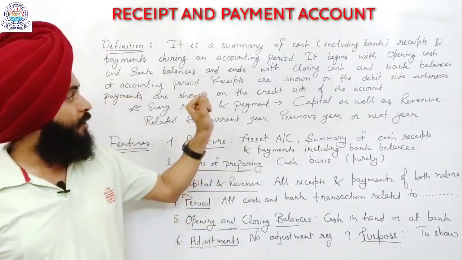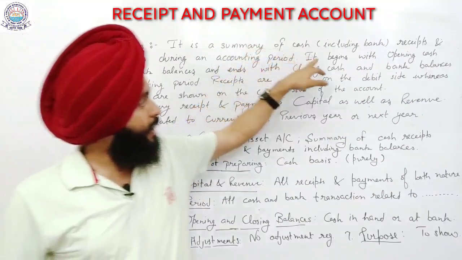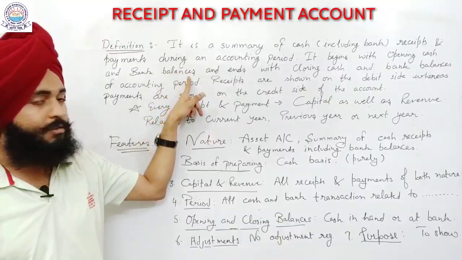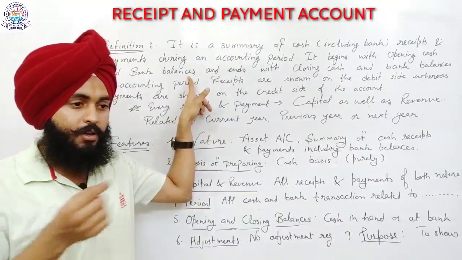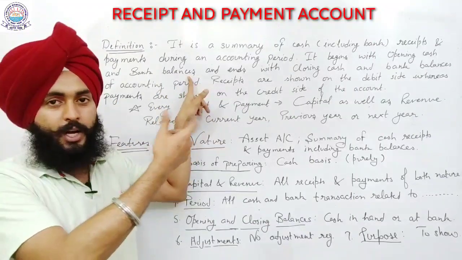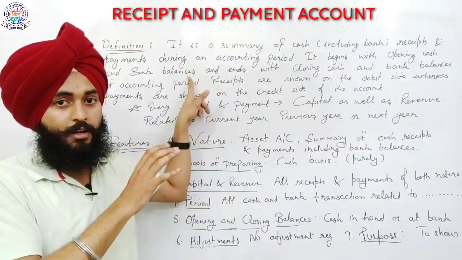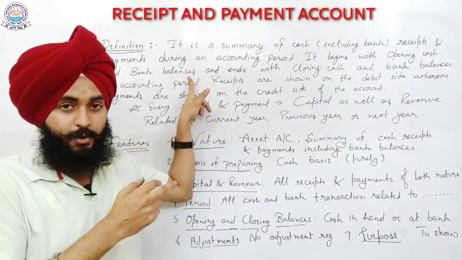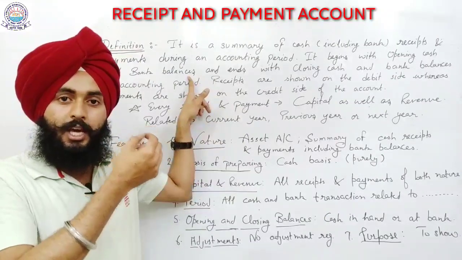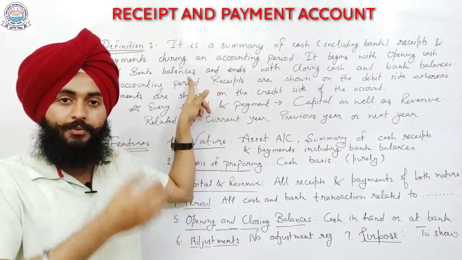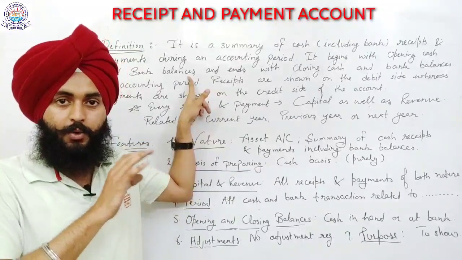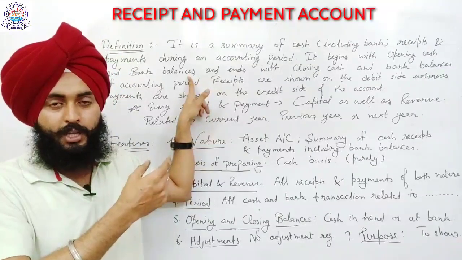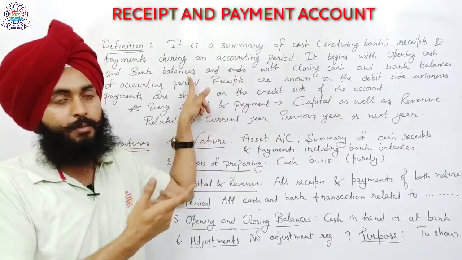Okay, now the next thing is it begins with opening cash and bank balances, like in the cash book, cash in hand or at bank. We have learned these things in the cash book also. While we are preparing the cash account or cash book, if we have the previous cash balance or bank balance, if there is an opening balance, we write it over there as cash in hand or cash at bank.